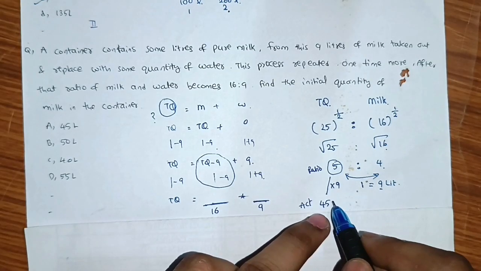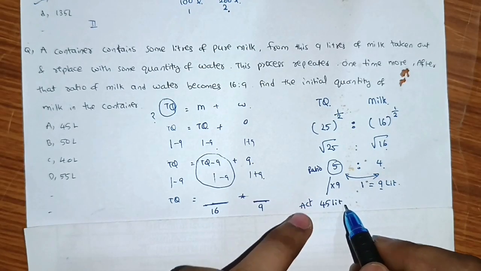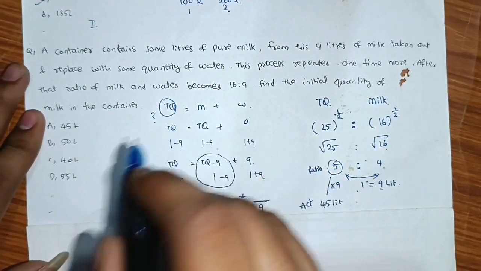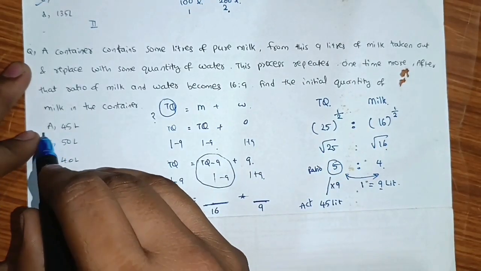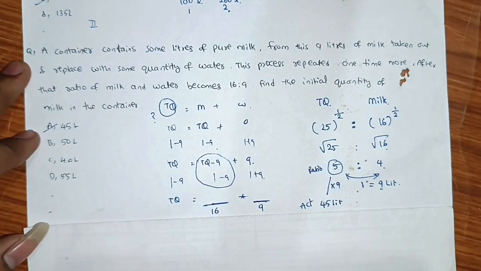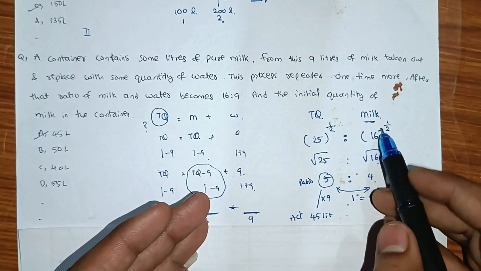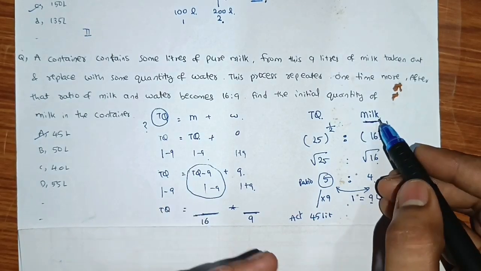So the actual quantity, which is 45 liters, is the initial quantity of the milk in the container, like it is in option A. This is the trick. So here, instead of taking the finding quantity, you need to take the initial quantity. This gives better results.